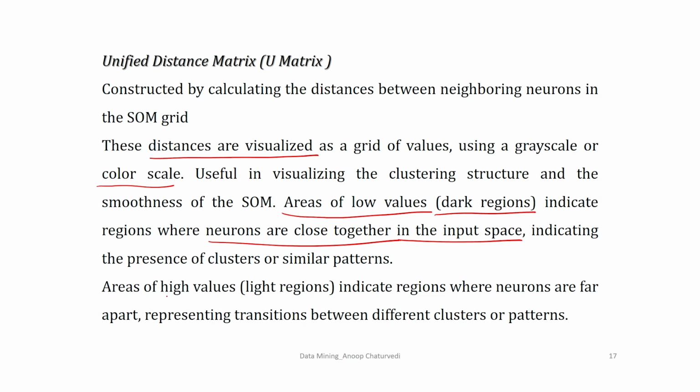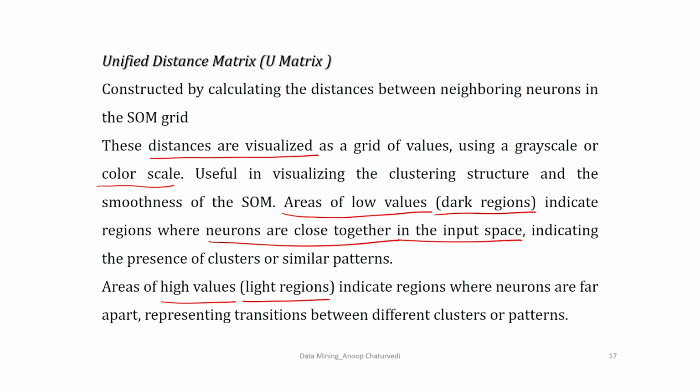Then the areas of high values of U matrix, and we usually indicate the areas of high values by light color or light regions.